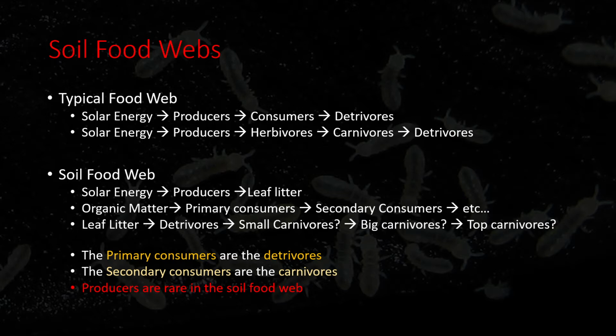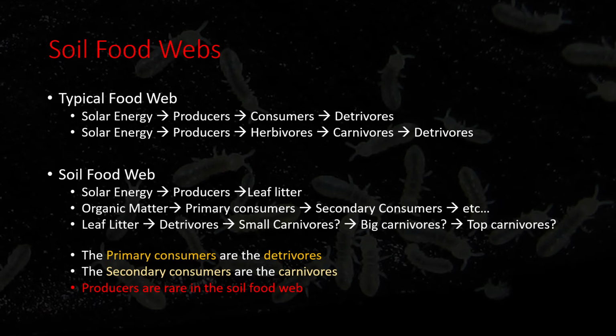And then consumers are eating those producers, and eventually detrivores are going to break down those consumers. So we can look at this another way. We can think that the solar energy is going into the producers, and then herbivores are eating the producers, carnivores are eating the herbivores, and you sometimes have multiple layers of that before you hit the detrivores.